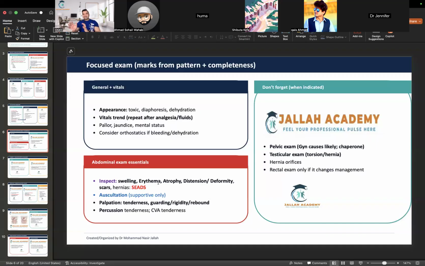Now, after inspection, the chest is different, and the abdomen is different. We usually don't do the percussion and palpation in the abdomen first. Why? Because the percussion and palpation of the abdomen will either stimulate or suppress the activity of the intestine.